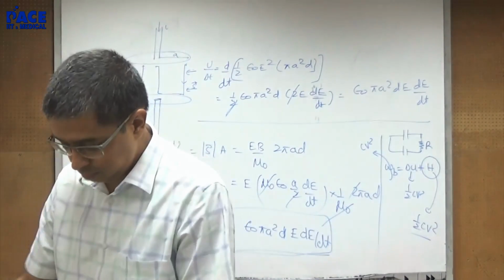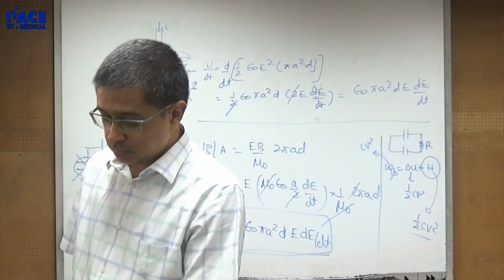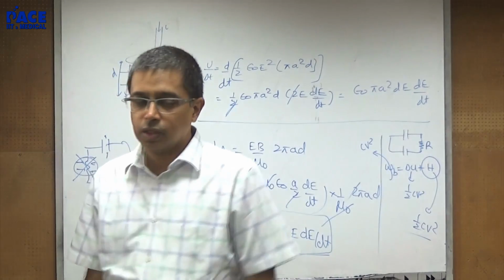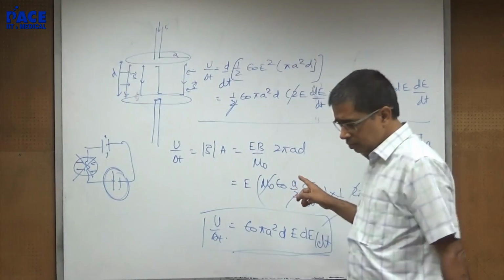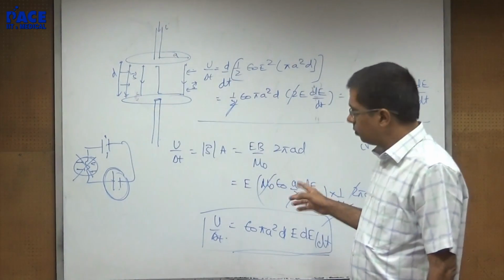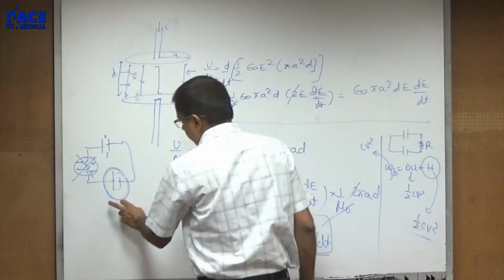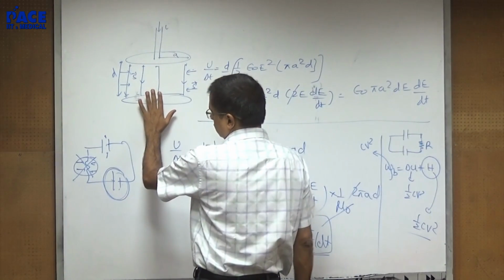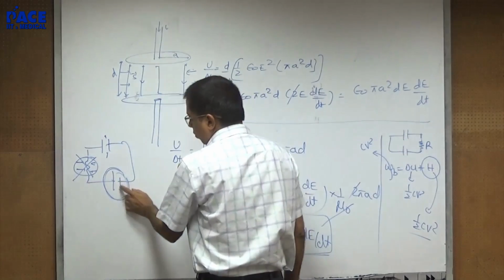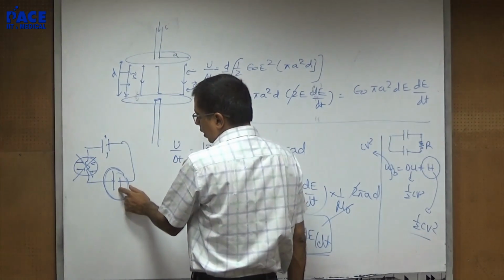Sir, could you please re-explain the resistance? Re-explain which one? So the left hand side part. So the diagram. This one or this one? So down. Now, work done by the battery.